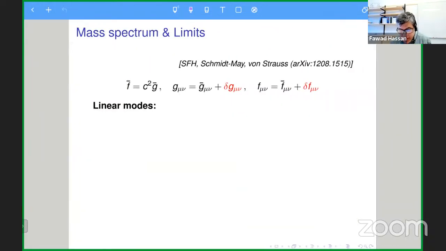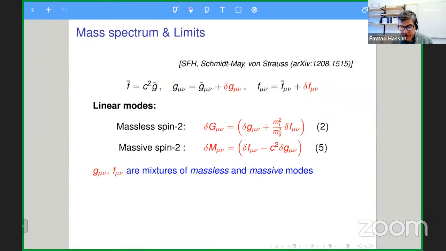In particular, if you take one of these proportional backgrounds and look at perturbations around it, the action can be diagonalized in terms of two modes, delta capital G and delta capital M. This one is massless, that one is massive. This one has a Fierz-Pauli action, and this one has a linearized GR action. And these are the combinations.